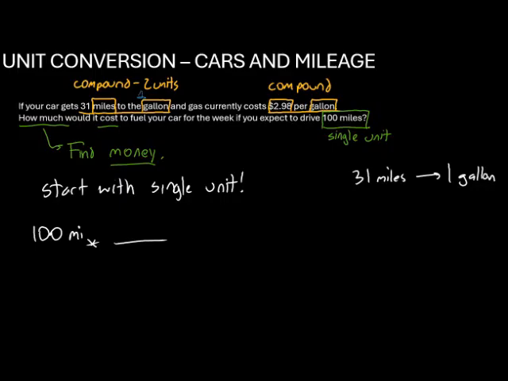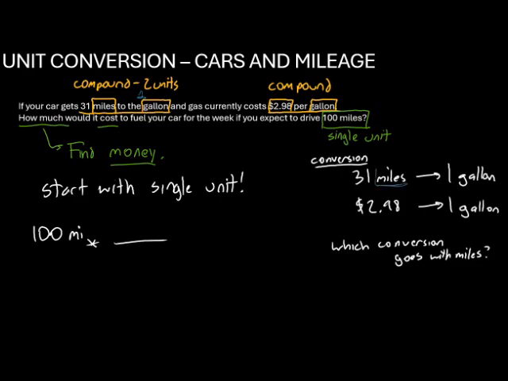We can think of this 31 miles in 1 gallon as a conversion. Our cost is $2.98 per gallon, so we'll have another conversion where we write the money, $2.98, is also related to 1 gallon.